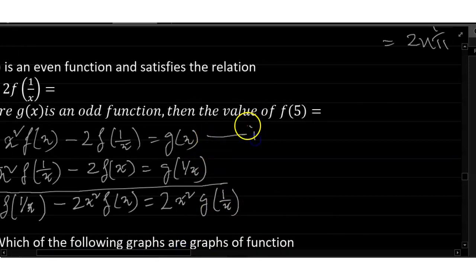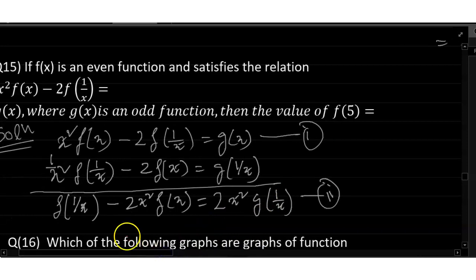So this is 1 and this is 2. Adding this 1 and 2, it can be written 4x square, yes, 2.